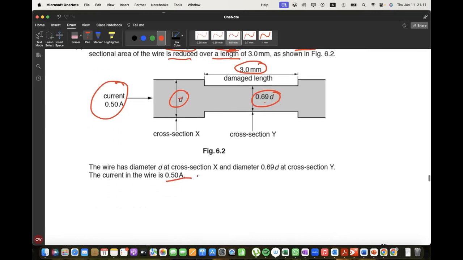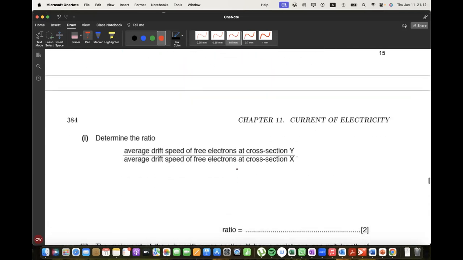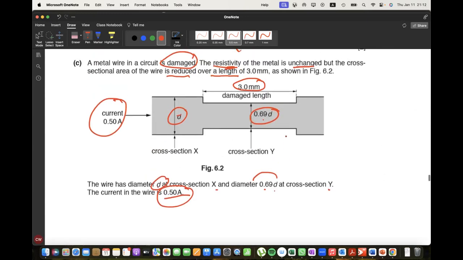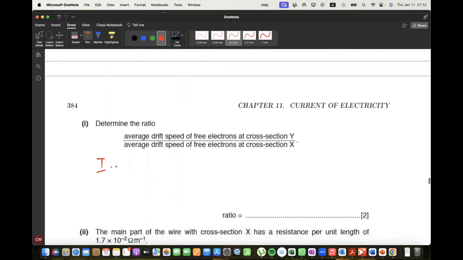Current: diameter D at S, diameter 0.69D at Y. Current in the wire 0.5 ampere. So drift velocity. So the formula is NAVQ.